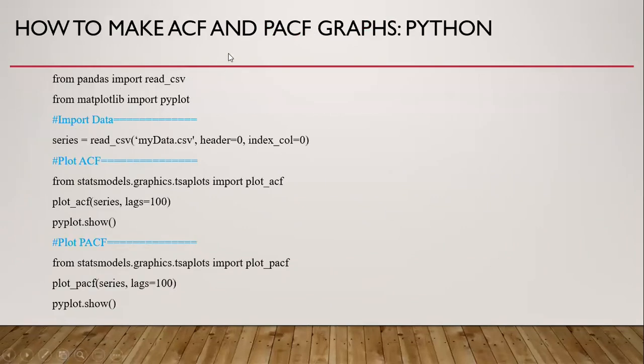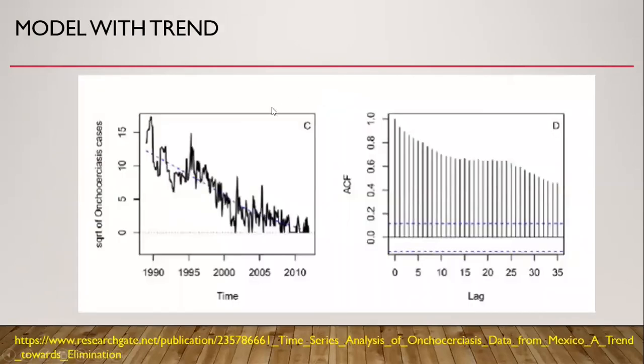So how to make ACF and PACF graphs with Python? This is the code. I'll take another lecture with much more detail on Python code, on how to analyze time series. So now let us see some of the graphs. This is the ACF graph when there is trend.